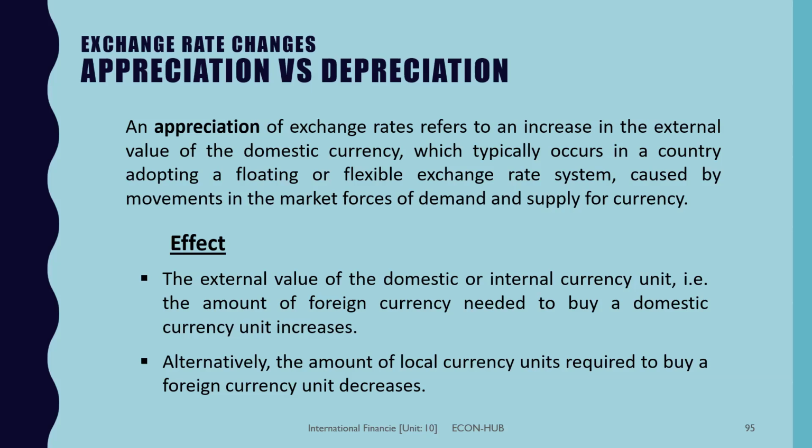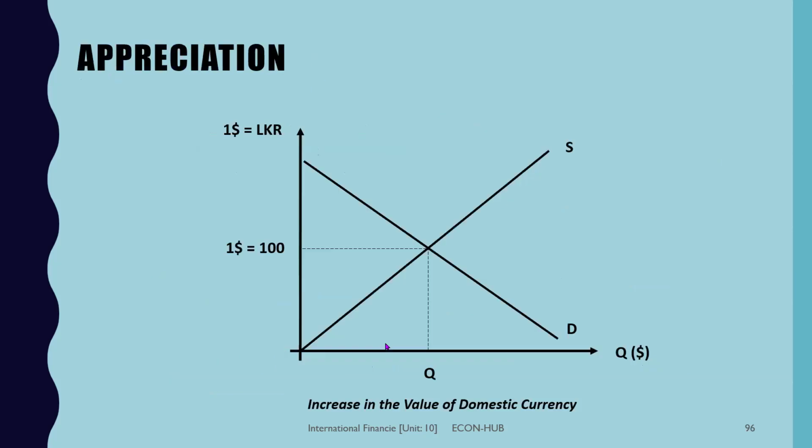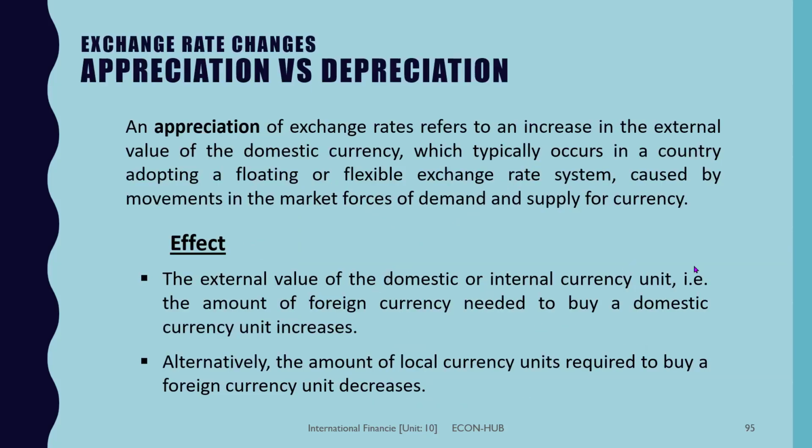Okay, right. So if I read this with you guys one more time, very quickly. The external value of the domestic or internal currency unit, that is the amount of foreign currency needed to buy a domestic currency unit, increases. That is, we get more dollars.